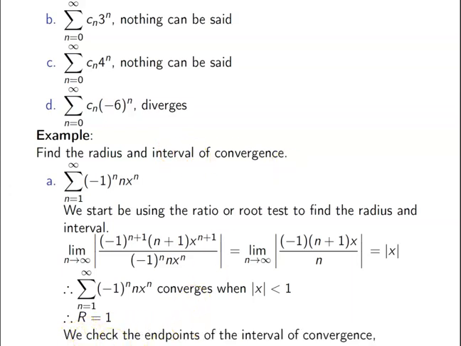So we also need to check the endpoints, right? What happens at 1? What happens at -1? Here it's pretty easy for us to tell, but we're going to go through this anyways, right? So I need to plug in 1 and -1 into my original value that I have here and then test the convergence. So for x equals 1, I get -1 to the n is my series.